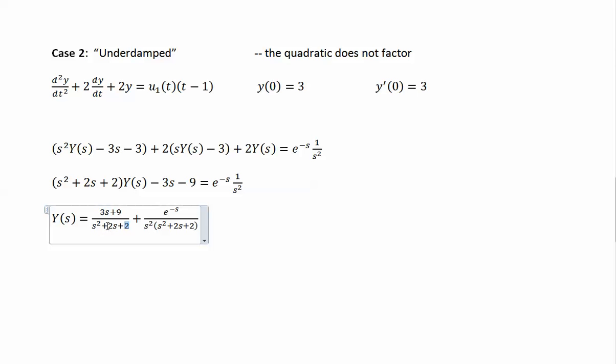If this 2s wasn't here, if I just took that out temporarily, then we wouldn't need partial fractions, we could just do the inverse Laplace transform, because the s squared plus 2 part looks a lot like our Laplace transform for cosine or sine, s squared plus omega squared. And maybe this part would correspond to a cosine, and just the constant one would correspond to a sine, and we could work that out. Looks like omega would be the square root of 2.